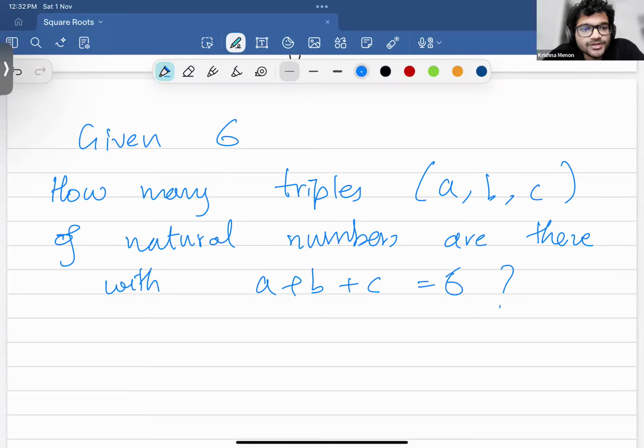Okay? So the first problem, we just tried to see how many pairs there are. But now, of course, we want a slightly harder problem. Now you have to count how many triples there are with sum equal to 6. Okay?